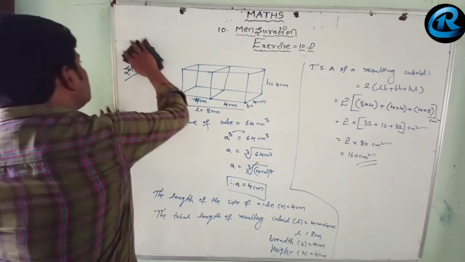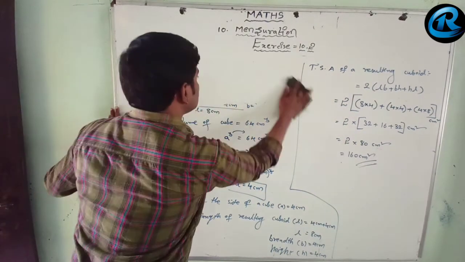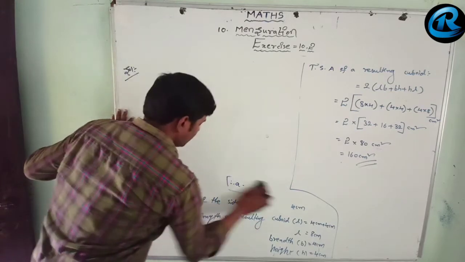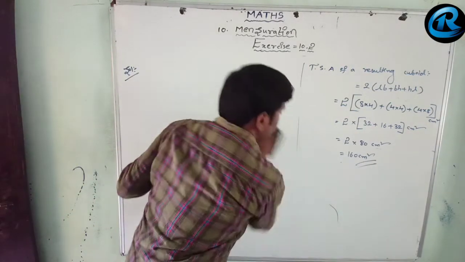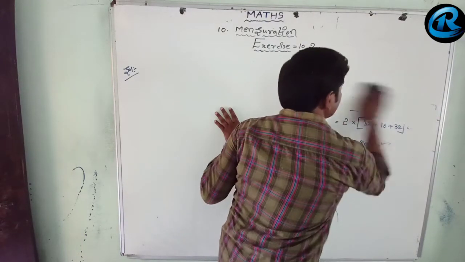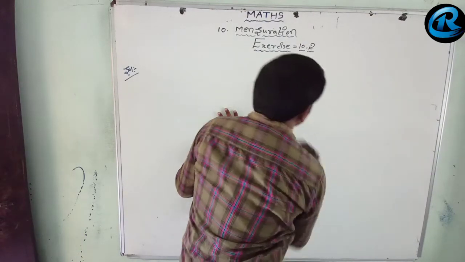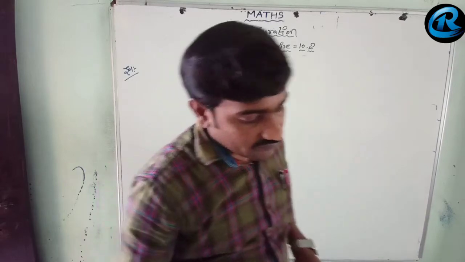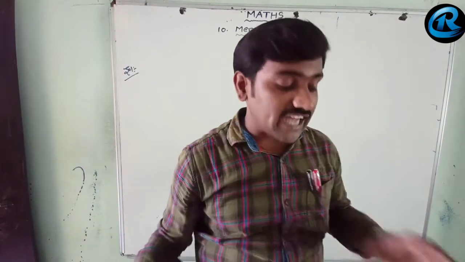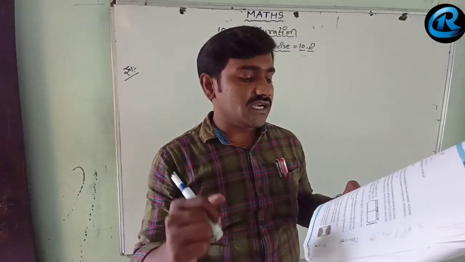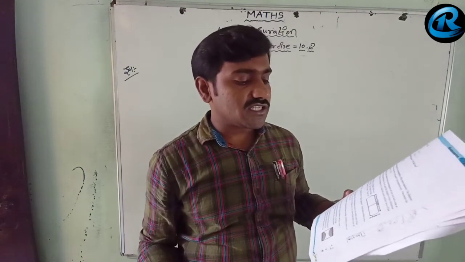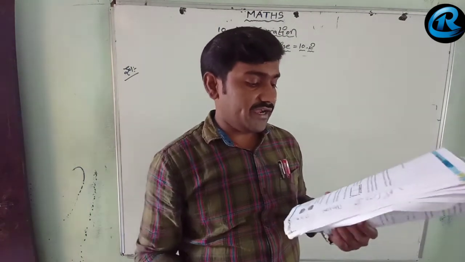Now let us go for question number 5. The question is that a storage tank consists of a circular cylinder with a hemisphere stuck at either end.